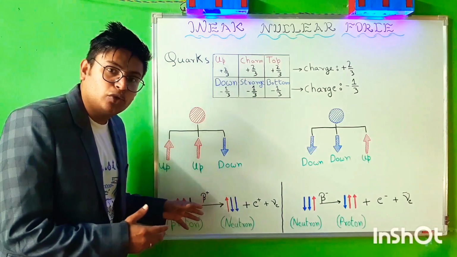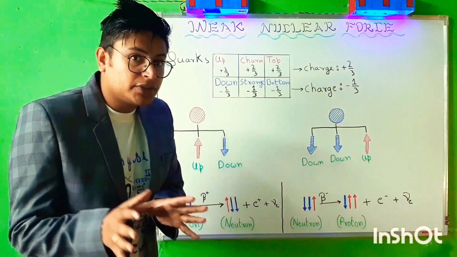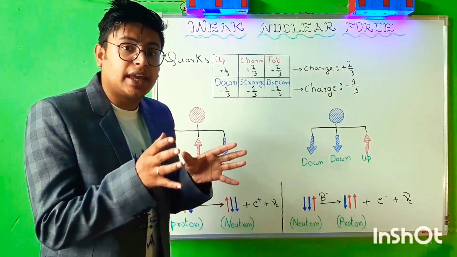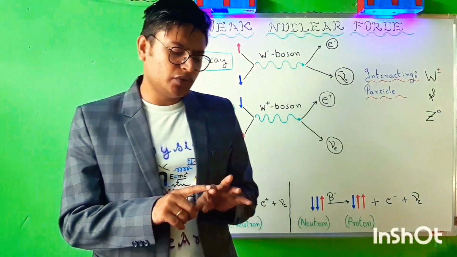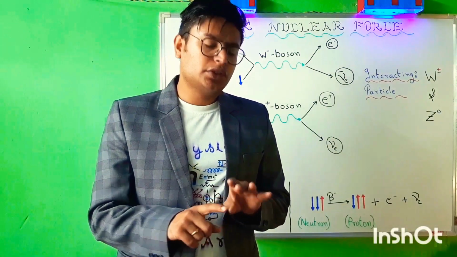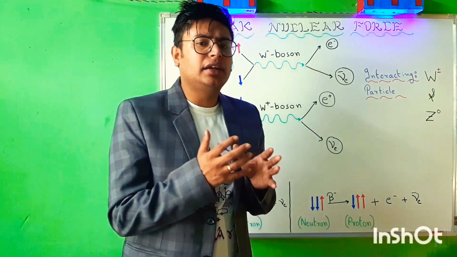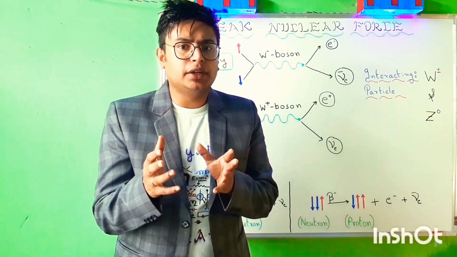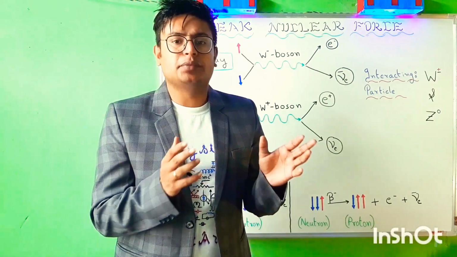This is why I told you in the beginning that this particular topic is so fundamental and you have to know why this thing is happening. Just like the rest of the forces, the gravitational force, electromagnetic force and strong force, we had an interacting particle that mediates the interaction between two objects.